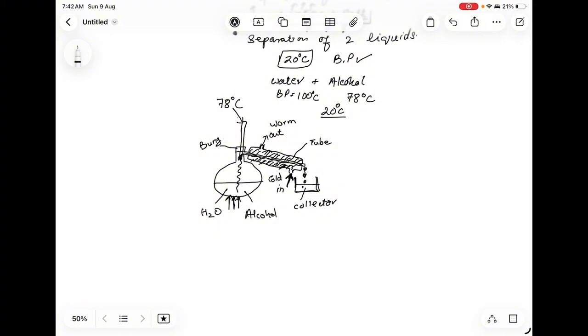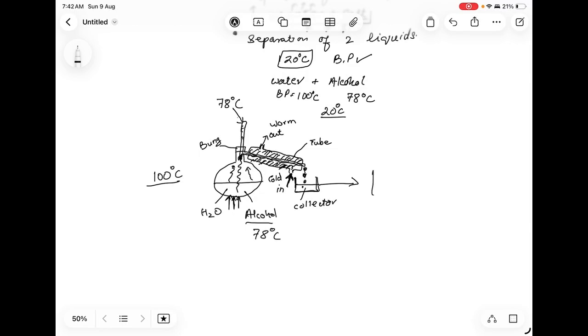Okay, so it means that all these molecules that are coming up are all the molecules of alcohol, because alcohol has a boiling point of 78 degrees centigrade. And as you are monitoring this thermometer, the moment the thermometer hits the 100 degrees centigrade mark, you are immediately going to remove this.